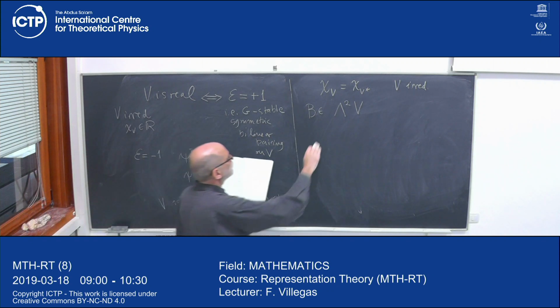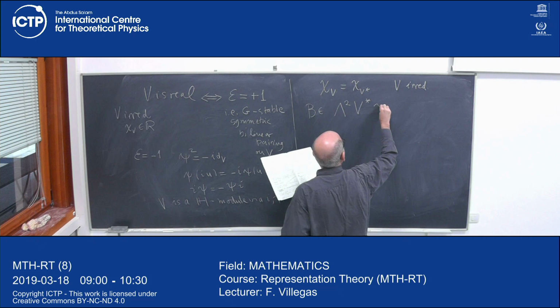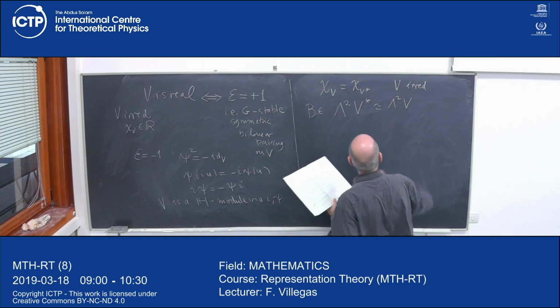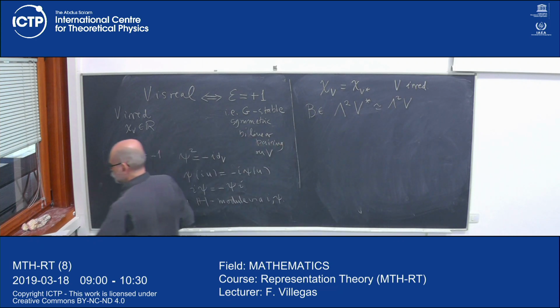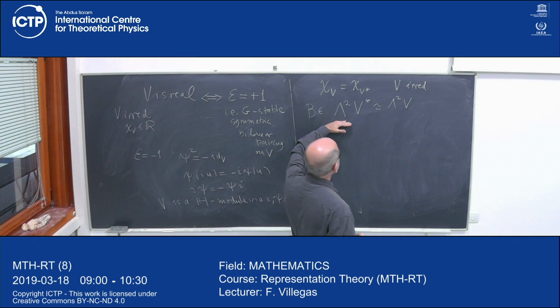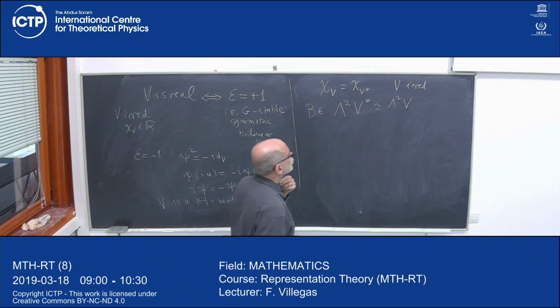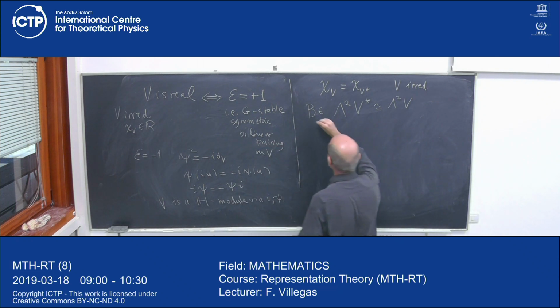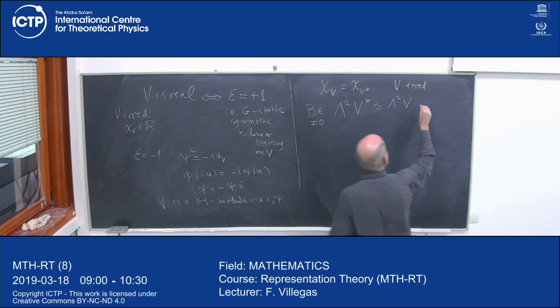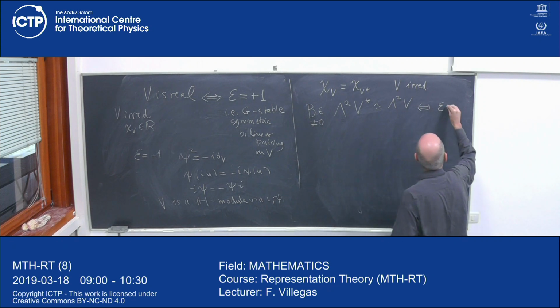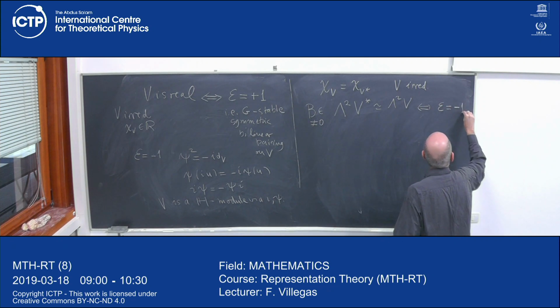I should put V dual, but this is isomorphic to V. So if we find such a non-zero B in here, then we will have a quaternionic. So B is non-zero in here if and only if epsilon is -1.